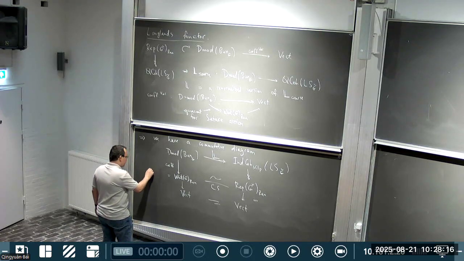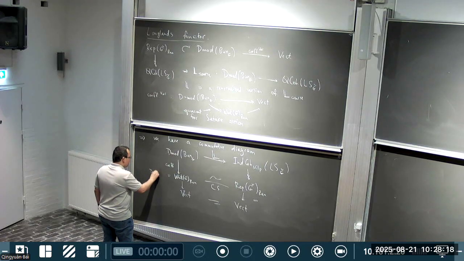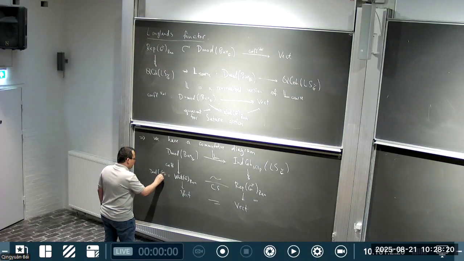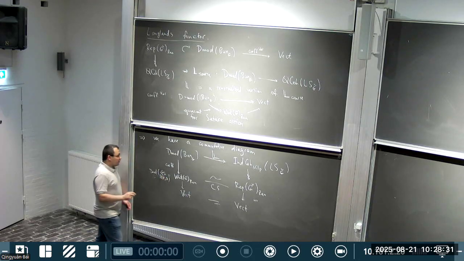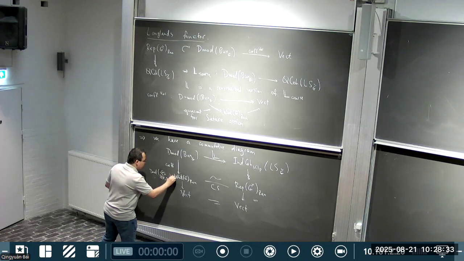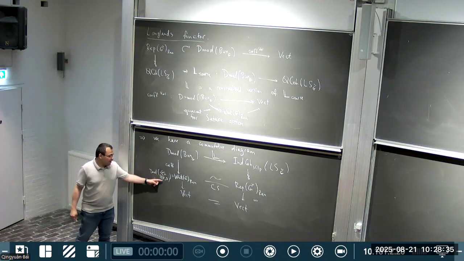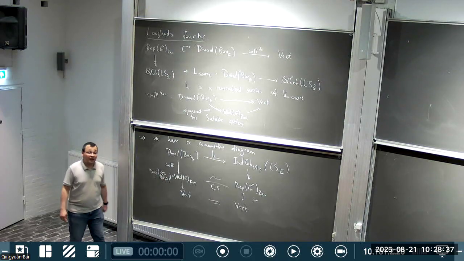Here this is some kind of D-modules on G that are equivariant for the unipotent part against the character.